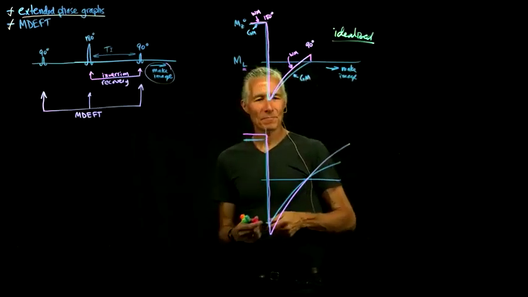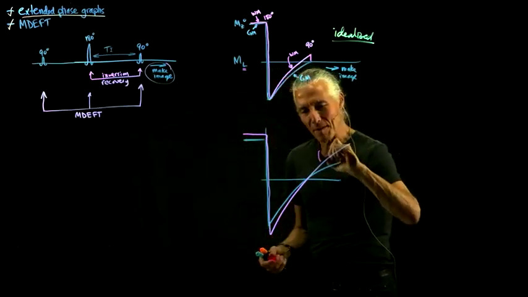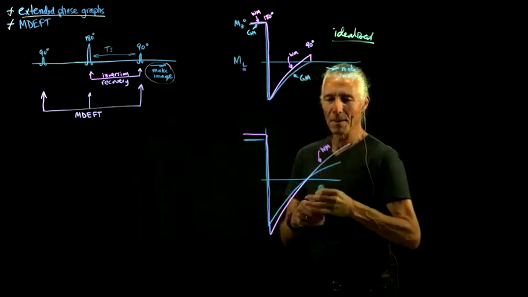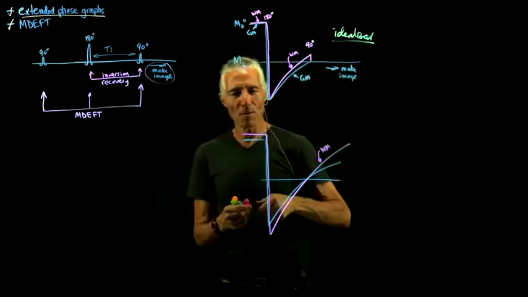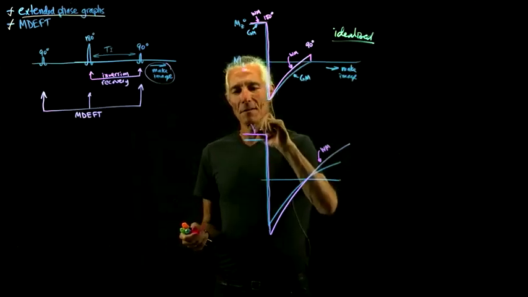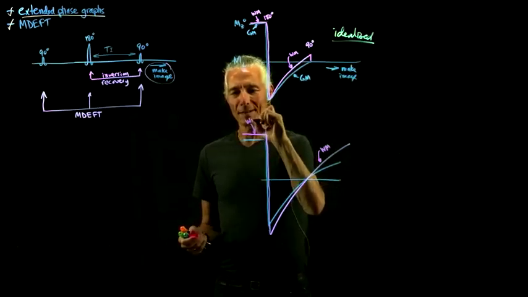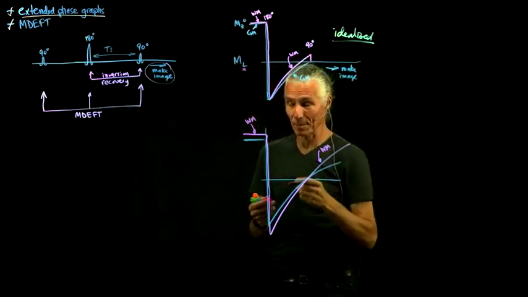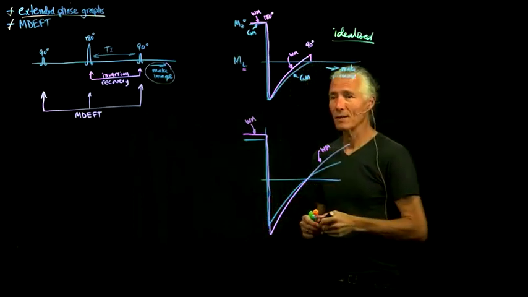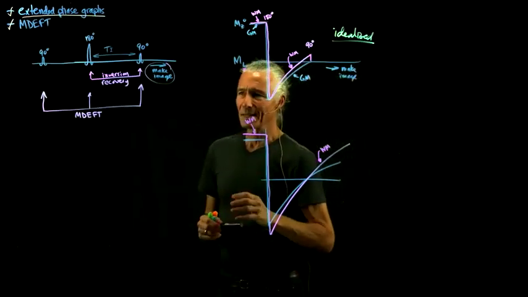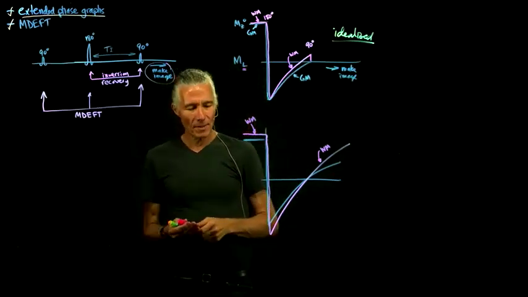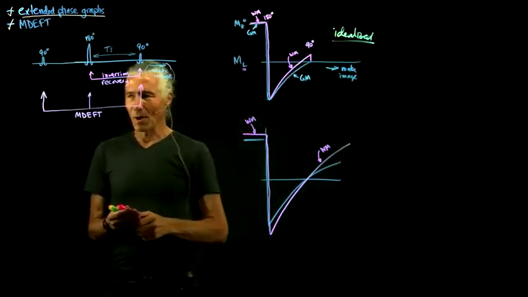This one would be the white matter recovering more quickly because it's got a shorter T1, because we didn't wait long enough. And how long do you have to wait? You have to wait like 5 seconds or something like that, a really long time to get rid of that difference, and that's ages when you're trying to collect data quickly. So why would we want to do the MDEFT?